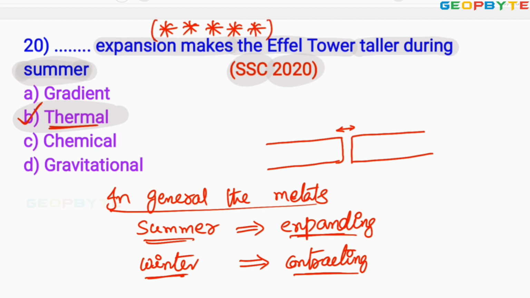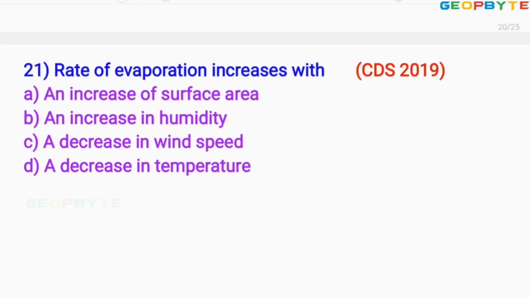Let us go for the next problem. Look at the next problem, which was asked in 2019 for CDS. It is like this: the rate of evaporation increases with an increase in surface area. Absolutely correct. An increase in humidity?